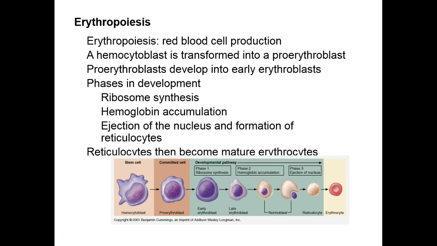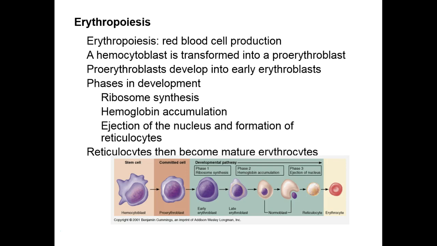This concept of cell production, or the formed elements, is hematopoiesis, but the specific idea that red blood cells are being made is erythropoiesis. Boy, that's a mouthful. Red blood cell production.